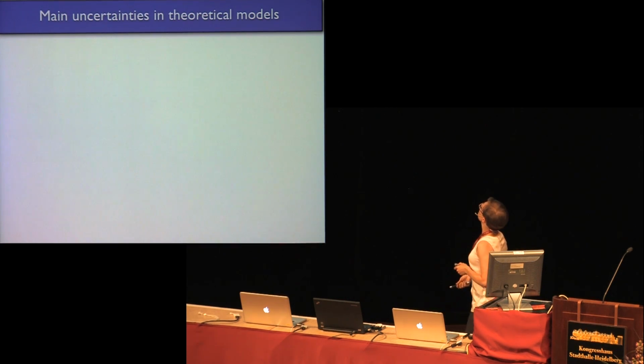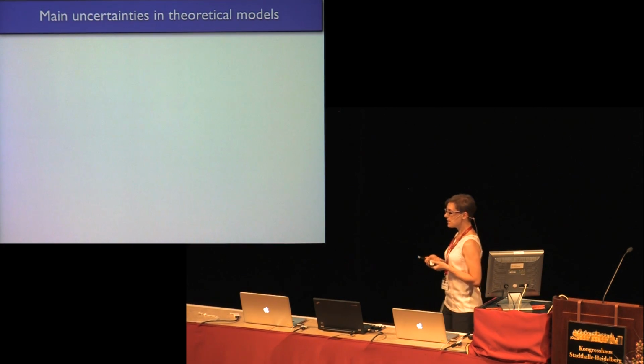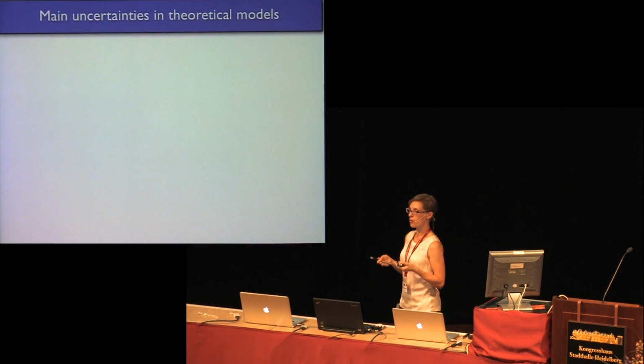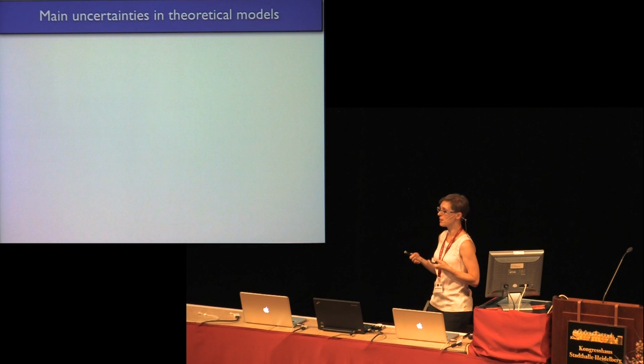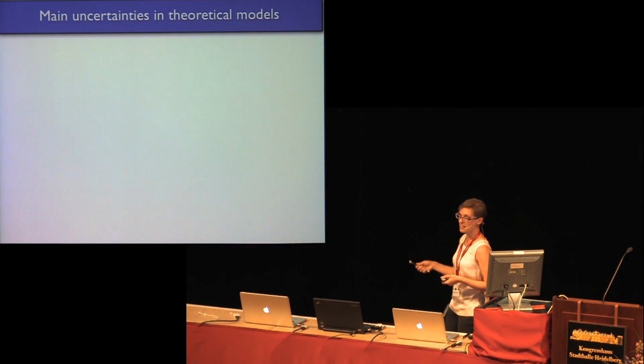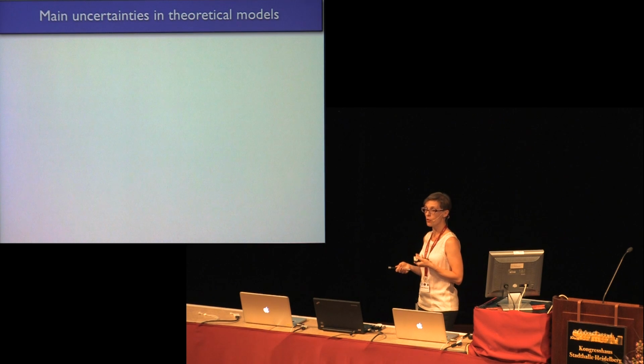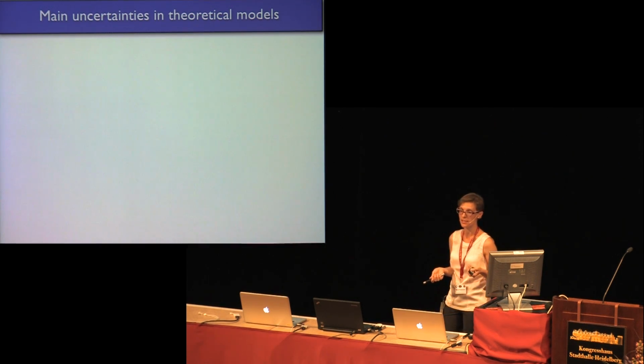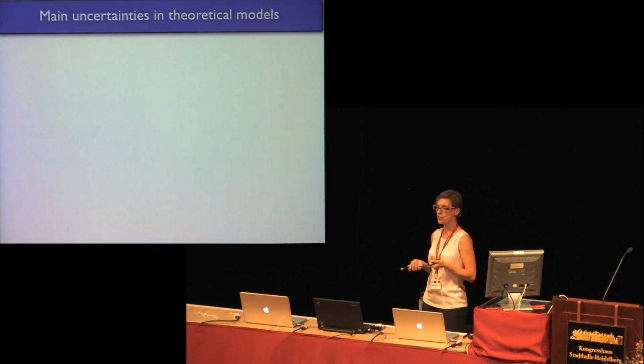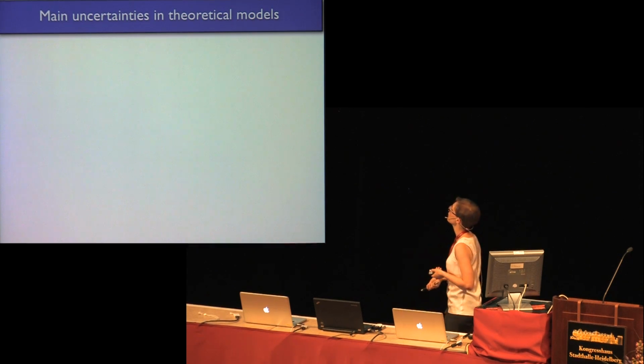So these models, as I said, are very advanced, but they are also very complex. There is a lot of physics in there, and with that come also uncertainties. And these uncertainties are reflected somewhat in the mass loss rates that I also reported before.